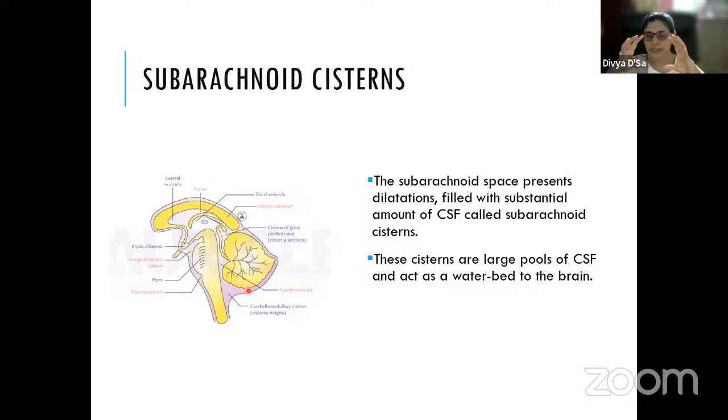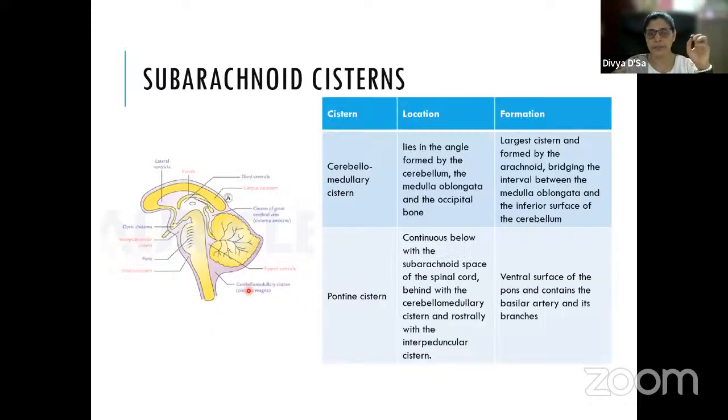So they are basically dilated subarachnoid spaces which are filled with CSF. They are a large pool of CSF and they act as a waterbed to the brain. So here you can make 3 or 4 columns and write the answer: the cistern, where it is located, the formation of it, and what it contains.